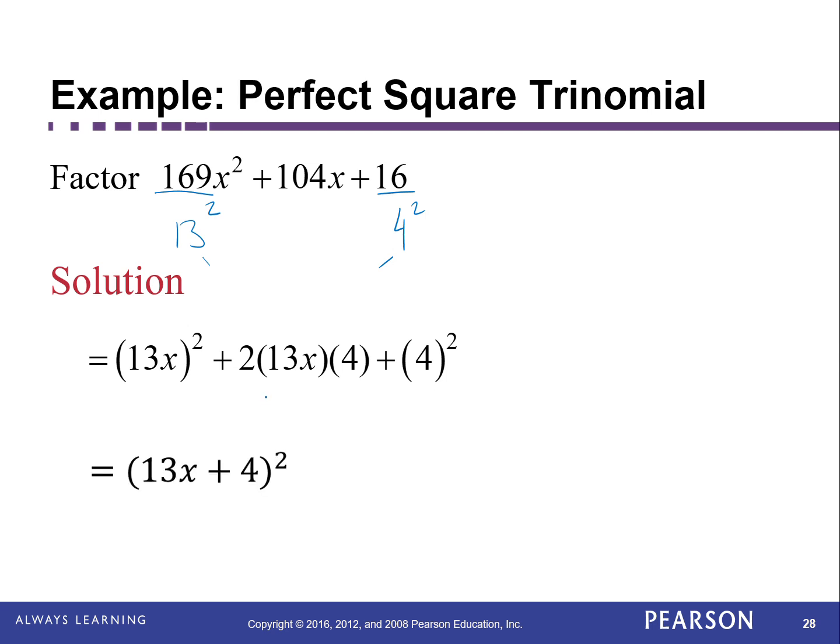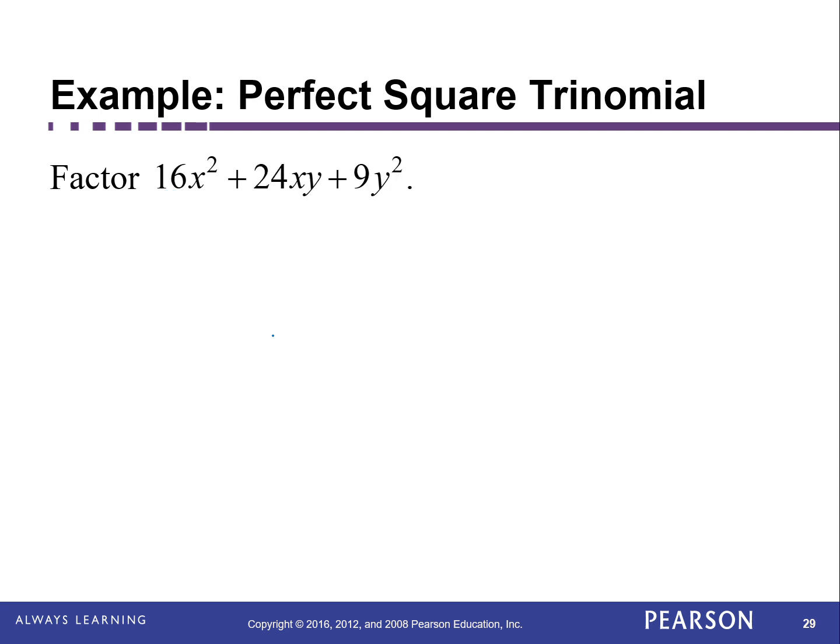You want to double back and check that 2 times 13 times 4 does equal 104, because sometimes they'll be sneaky and it won't work. But if that does equal the 104, it's a perfect square trinomial. You should just be able to back it out into 13x plus 4, all squared.